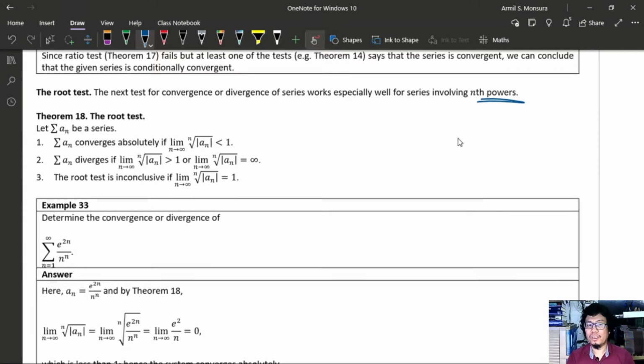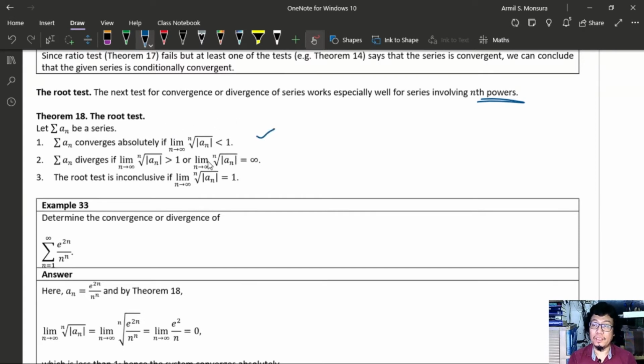If your n term contains powers of n, which means the exponents are n themselves, then the root test is actually a good way to deal with those kinds of series.